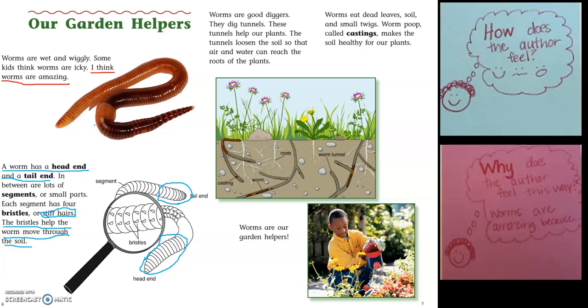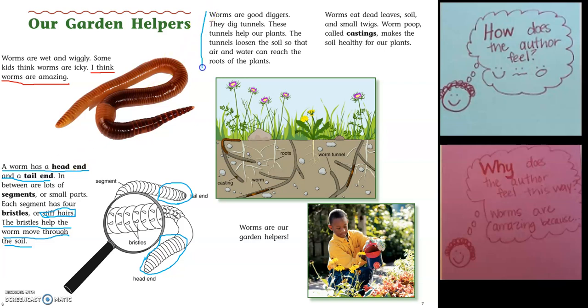So already you've seen that we found how the author feels about the worms, the topic, and then we've also found 2 reasons why he may feel this way. And if you notice, these reasons were actually given through facts about worms. So I want you to try.